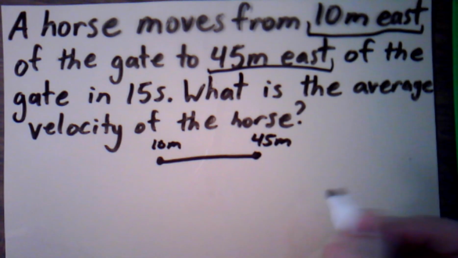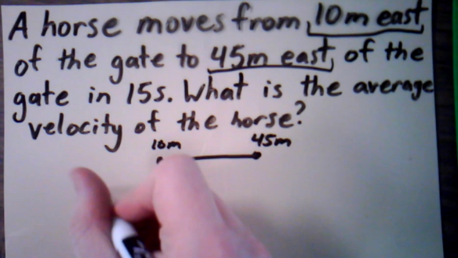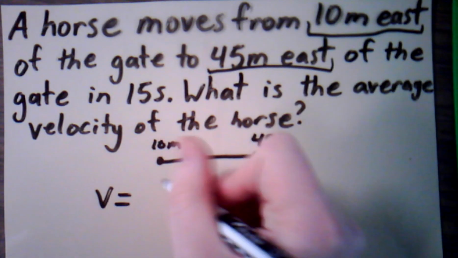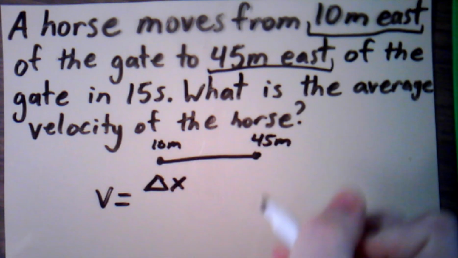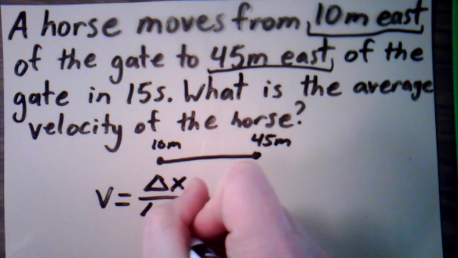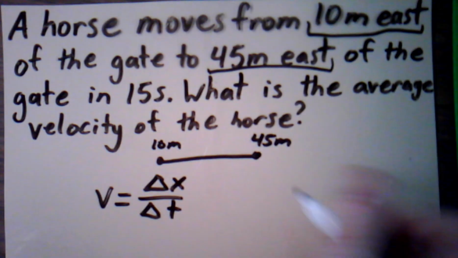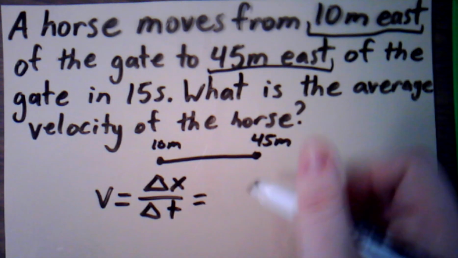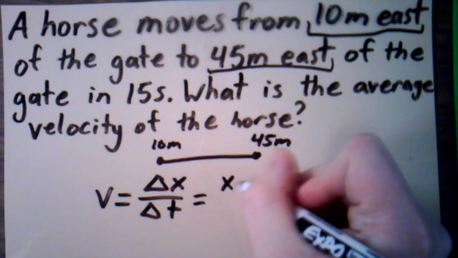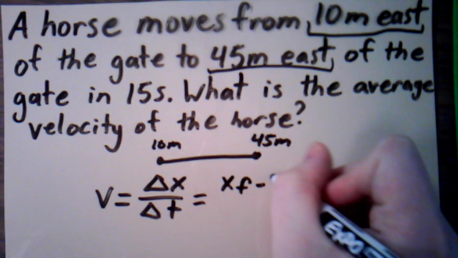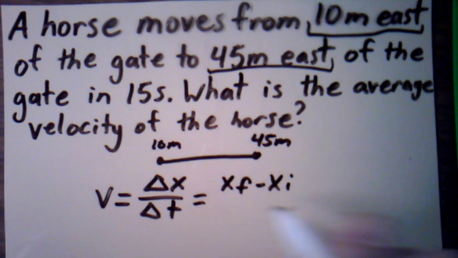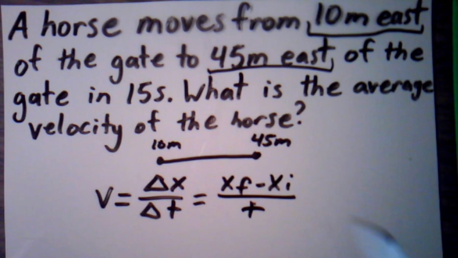So, going back to our formula, velocity is equal to change in displacement over change in time. Or it's equivalent to the final position minus the initial position over time. So, let's plug it in.